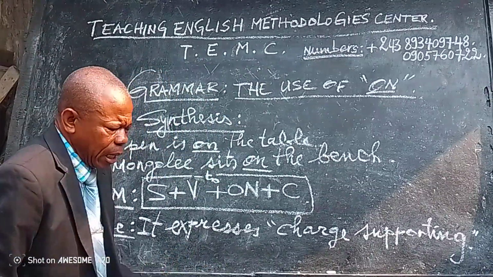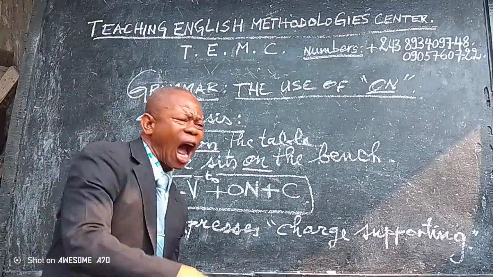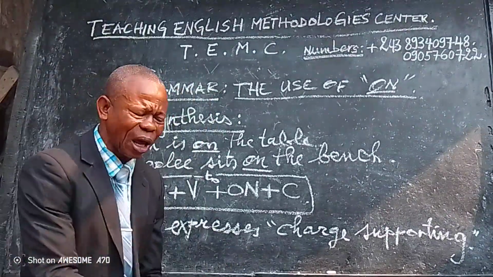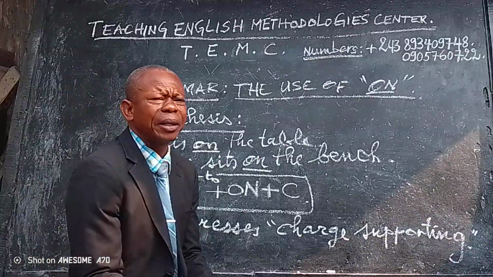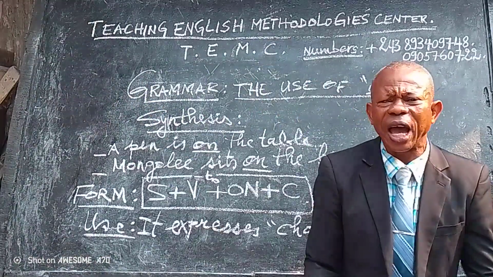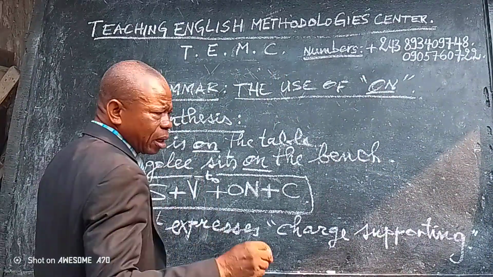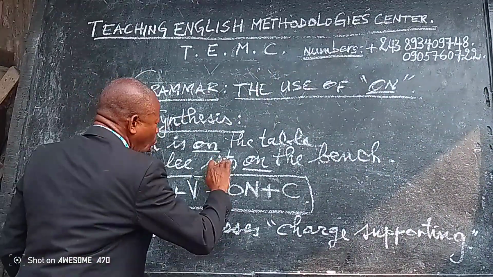It means that something supports the charge of someone or of something else, or someone supports the charge of another person. That's what we use on for. But this is not all.